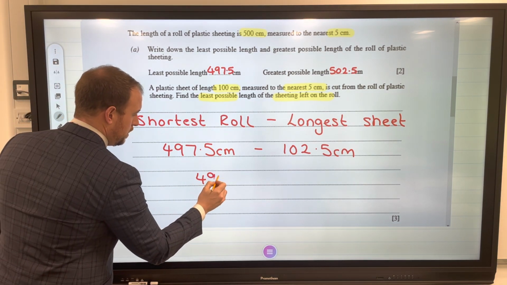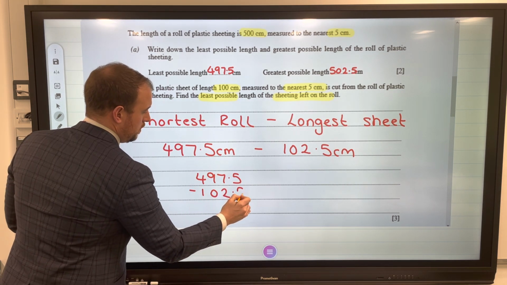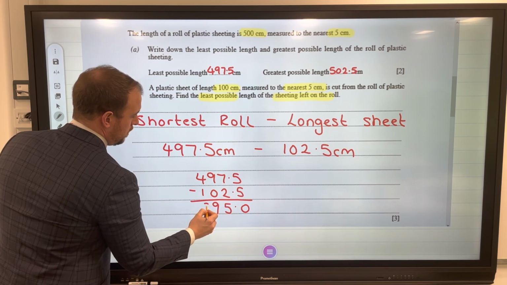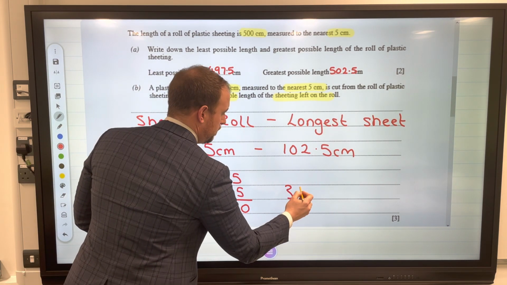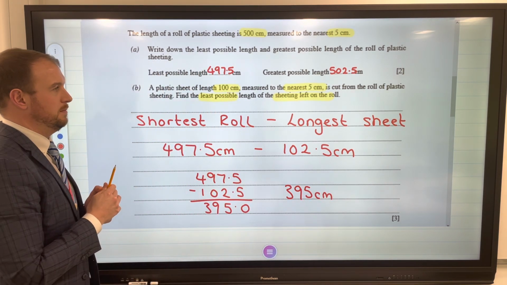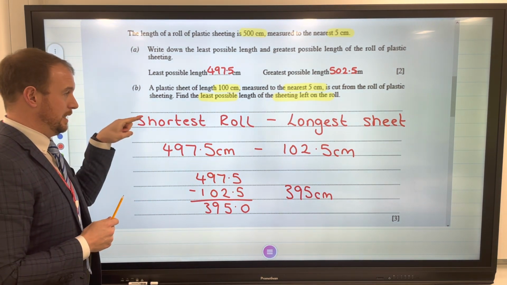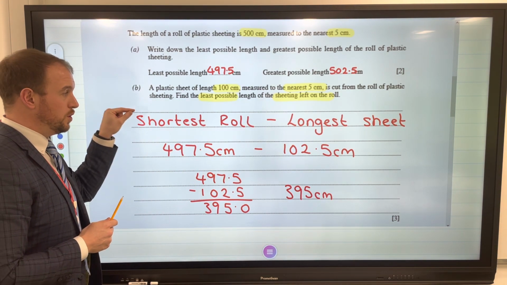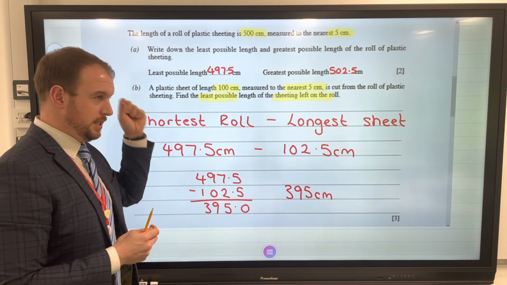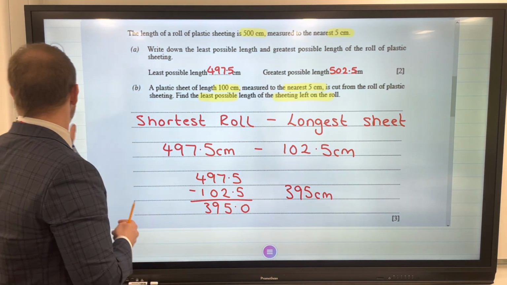Let's use the column method. So the least possible left over would be 395 centimeters. Okay, the hardest part about this now is calculating this bit here. To work out what needs to happen, you have to think logically in order to see it and then put your numbers in, and then it works.